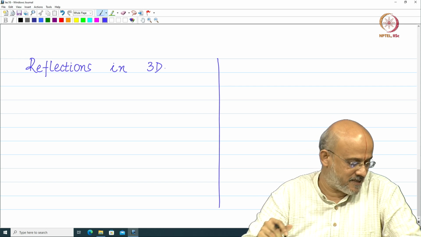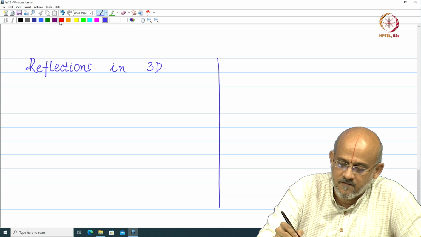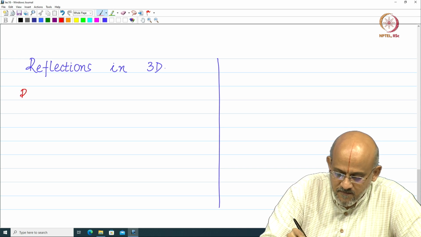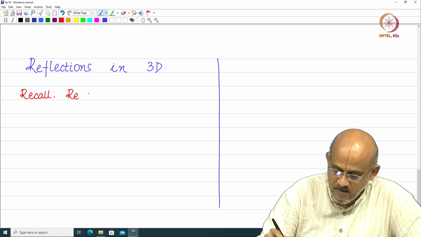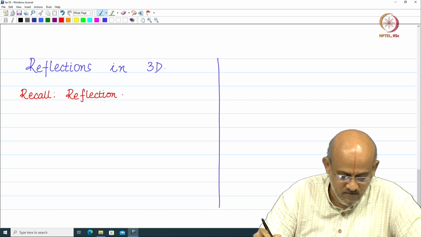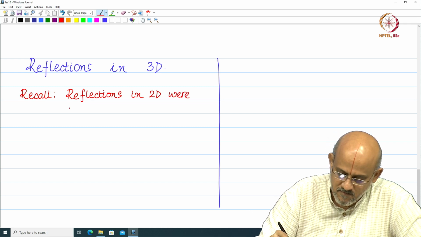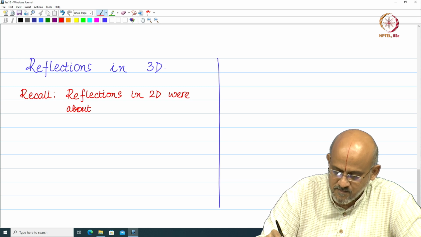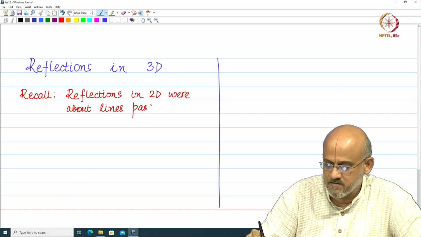So, reflections in 2D, if we recall, were about a line passing through the origin.